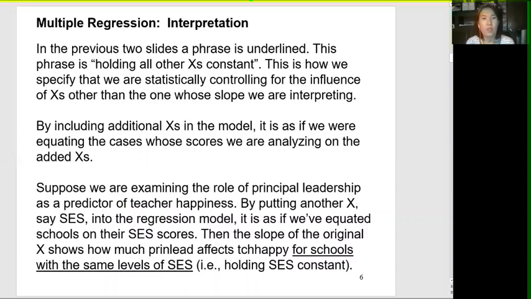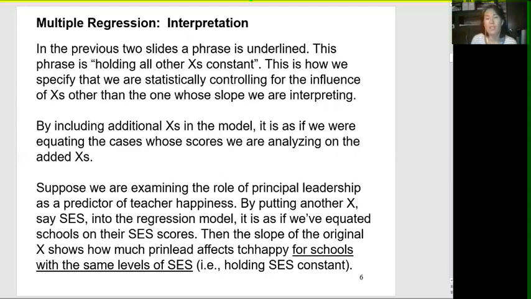Multiple regression. In the previous two slides, a phrase is underlined. This phrase is holding all other Xs constant. Ceteris paribus. This is how we specify that we are statistically controlling for the influence of Xs other than the one whose slope we are interpreting, by including additional Xs in the model.